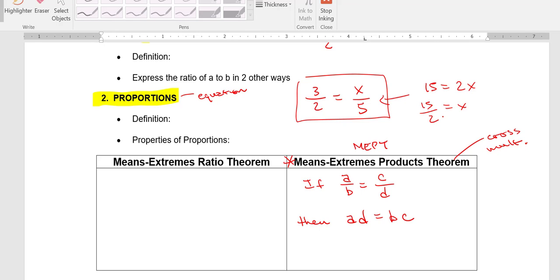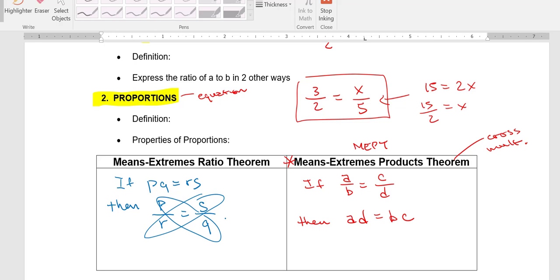The means extremes ratio theorem is basically the inverse of that. So if PQ equals RS, then P is to R as S is to Q. And the way I did that was I just thought about, okay, if I cross multiply, will I get what I started with here?